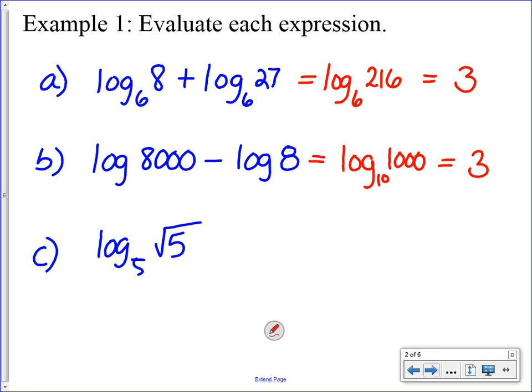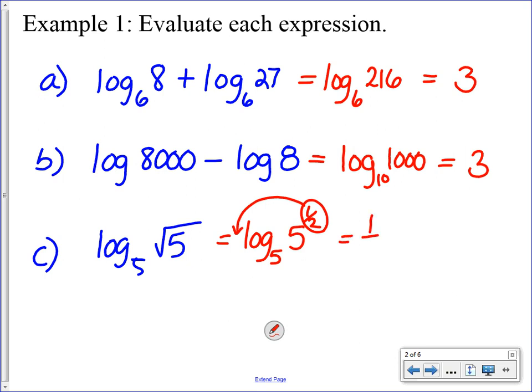All right, in example C, we have log base 5 of the square root of 5. So the first thing I would do here is change the square root of 5 to 5 to the 1/2 power. Then what we can do is move the exponent in front and multiply it times the logarithm.